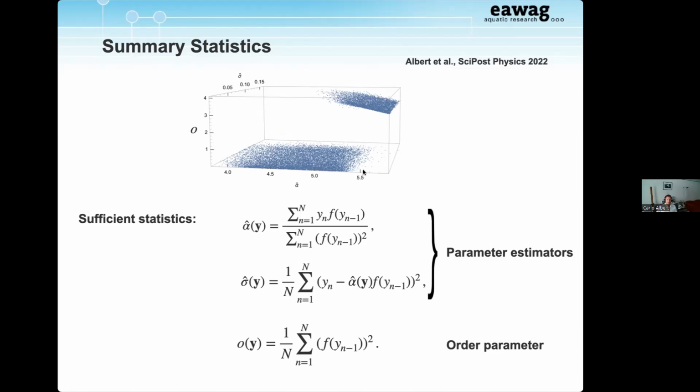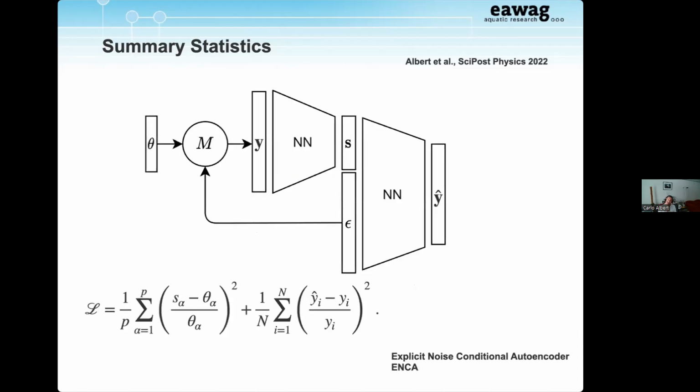But if you're in this area of coexistence of different model behaviors, you need to have the order parameter as part of your set of summary statistics, because you need to know which type of model behavior you have. And so obviously, if you have this situation, you will not be happy with simply parameter estimators, because you need more than that. You need this additional information as well.